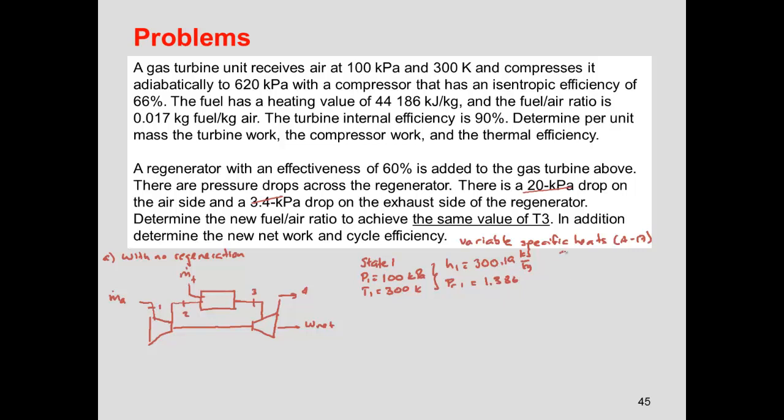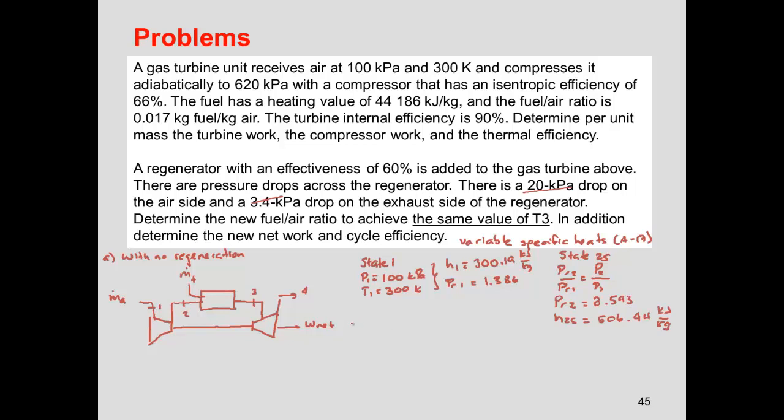For state 2S, we use PR2 over PR1 equal to P2 over P1, which solving will give us a PR2 of 8.59.3, and by interpolation we'll have an H2S of 506.44 kilojoules per kilogram.